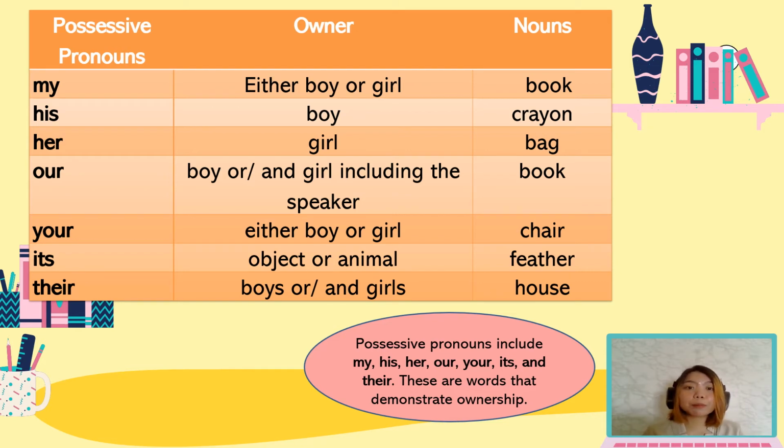We use the possessive pronoun its if the owner of a thing is either an object, or we are referring to the object, or an animal. For example, its feather, its wings, its tail. And lastly, we have their. We use their for boys or girls, meaning plural. For example, their house.